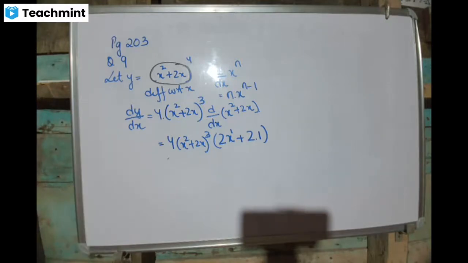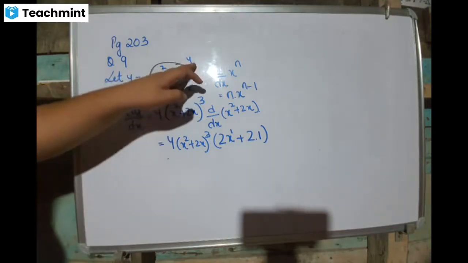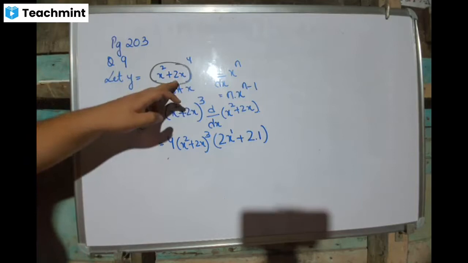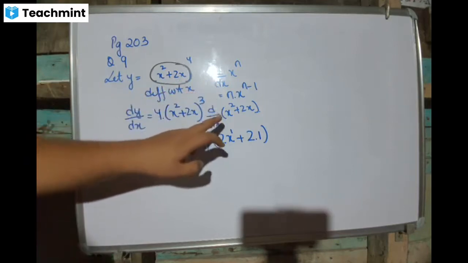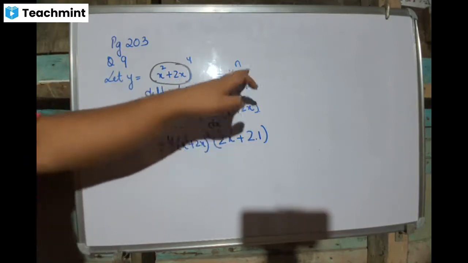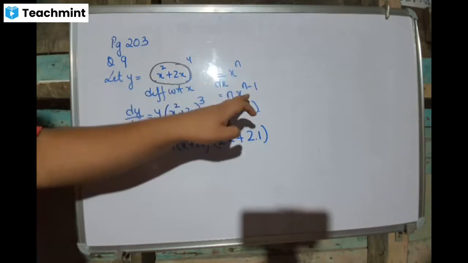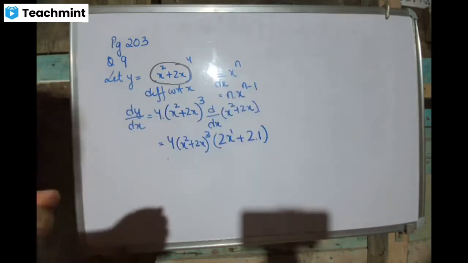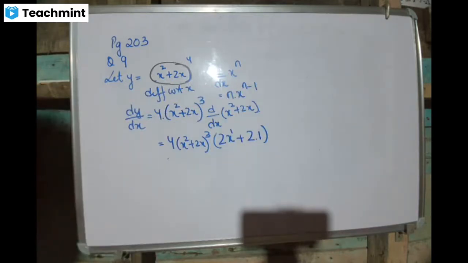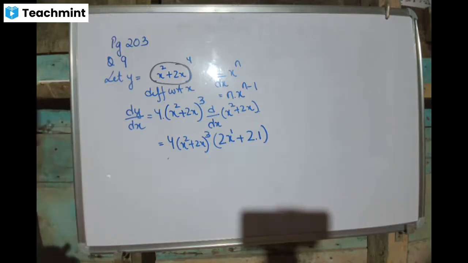The first variation is whenever the power is a constant, the base has to be x. Then only I can use the first formula. And to use the first formula, the power comes in front and you subtract 1 from the power. Is that clear? If the base is x, it is a standard function. If the base is not x, then it is called a composite function. So please take a screenshot of this, everyone.